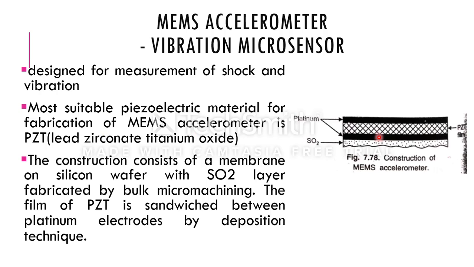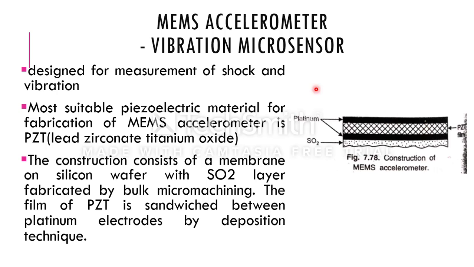The piezoelectric material used in this accelerometer is similar to the photoelectric effect. We have platinum plates on either side, then a silicon dioxide layer, a silicon wafer which is fabricated, and the PZT is sandwiched between them by a deposition technique.